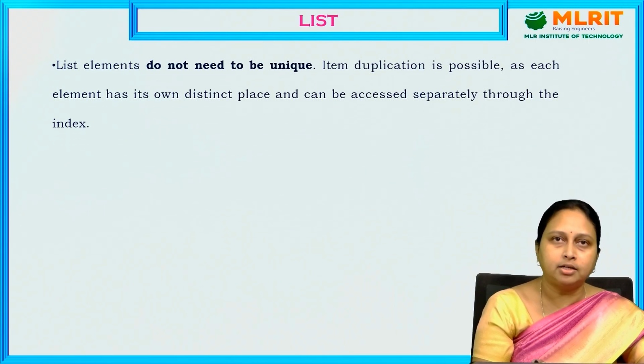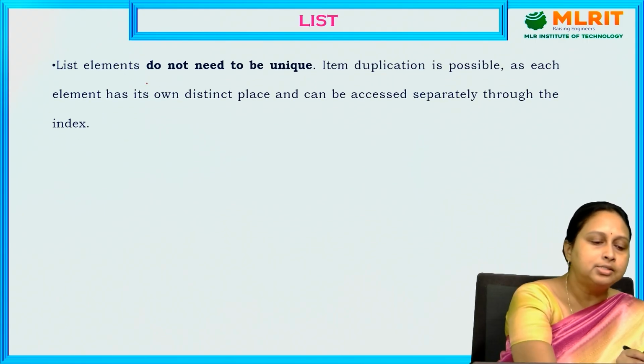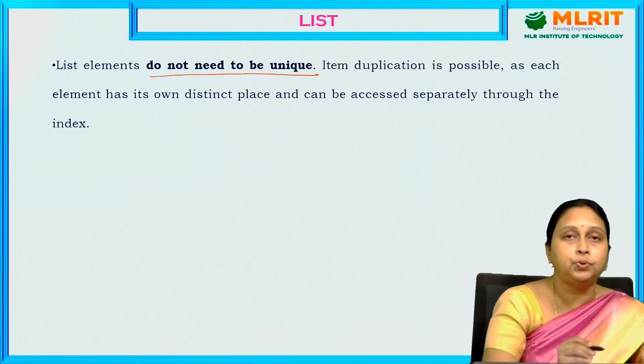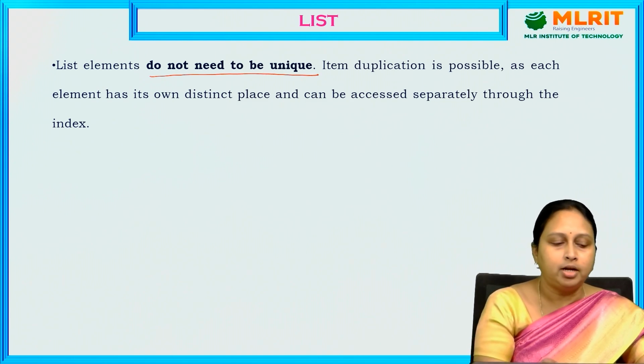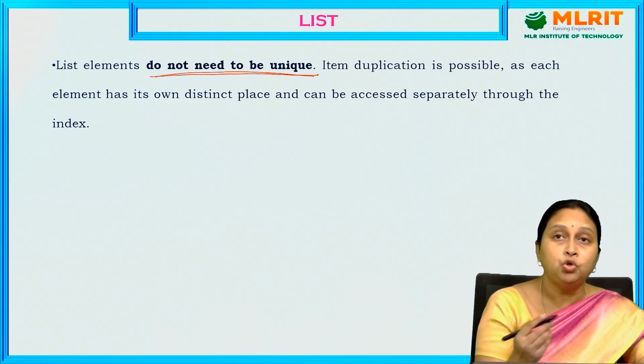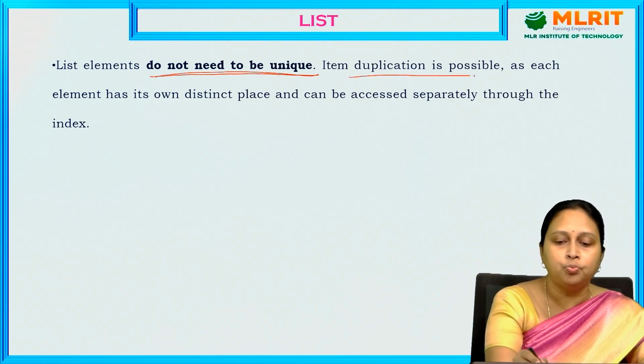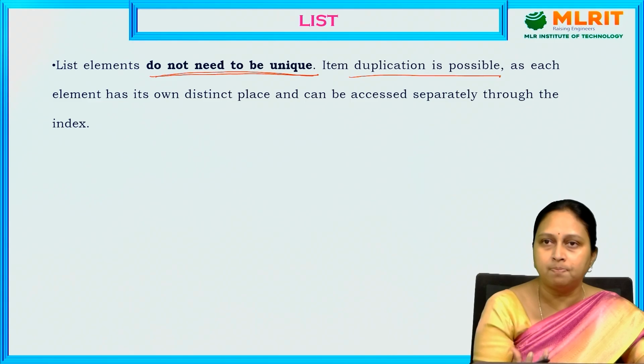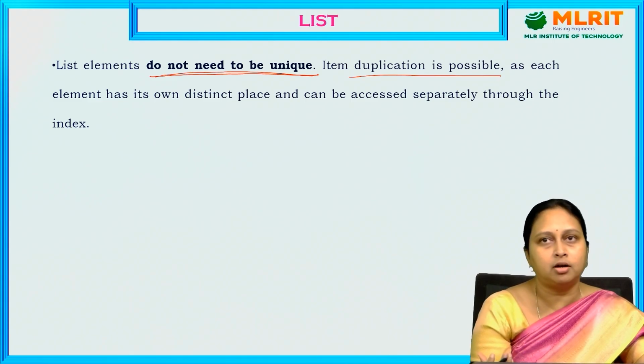And the next characteristic we are going to see is that list elements do not need to be unique. You may have duplication of items; you may place the same item any number of times.